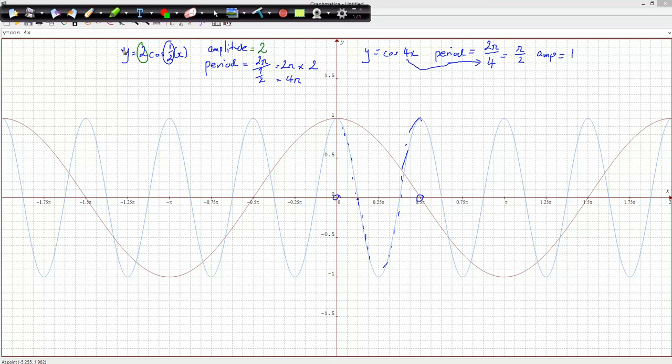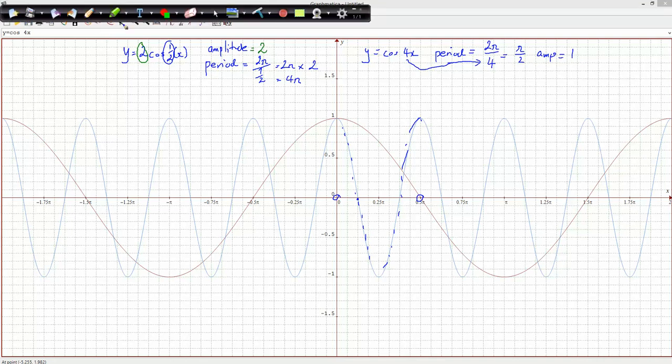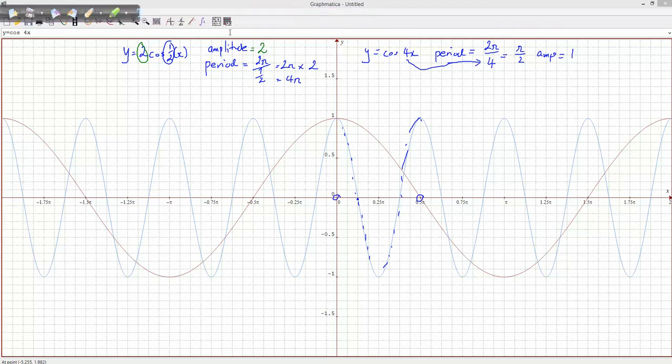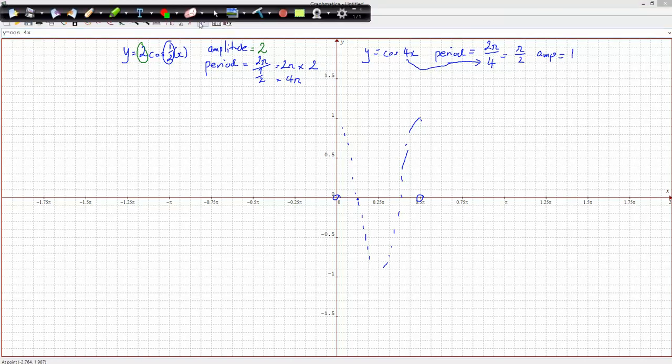Okay, well, let's clear out our existing graphs, and let's clear some of this other garbage as well. Okay, and let's go back now and graph our functions.